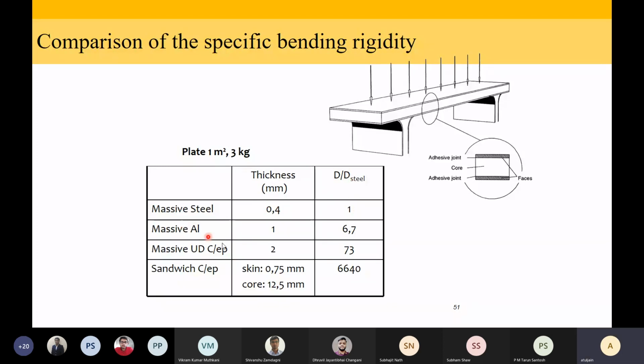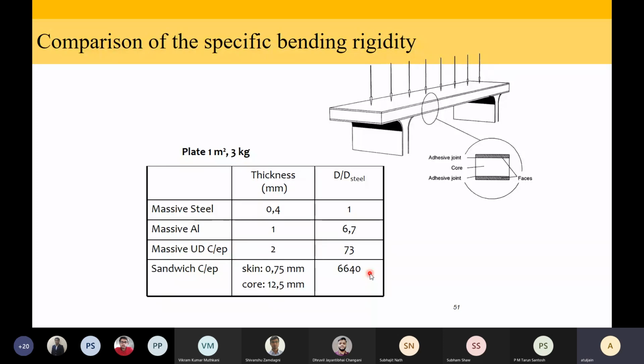If I have aluminum of 1 millimeter, then it becomes 6.7. If I have only carbon fiber unidirectional, then this D by D steel will come out to be 73. But if I use a sandwich where the core is 12.5 and the skin is 0.75 millimeters, then the bending rigidity, I can get it up to a factor of 6640 times that of steel. So these are the massive advantages that we are talking about while using sandwich materials for bending applications.